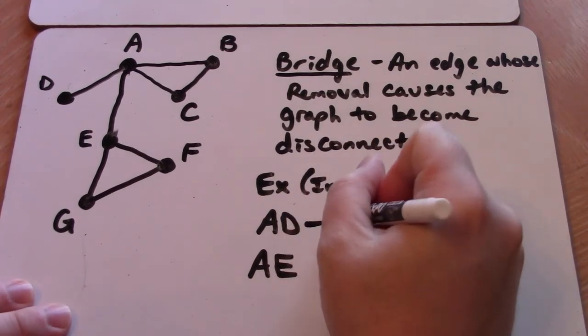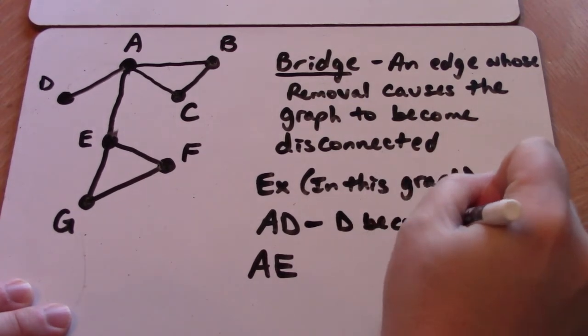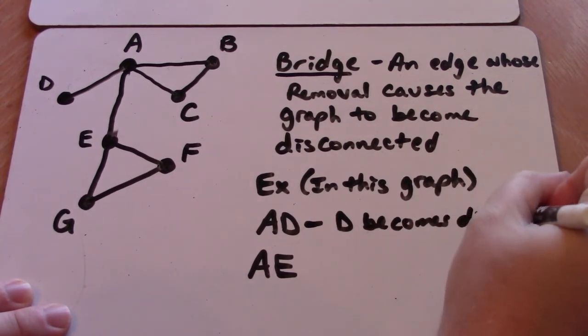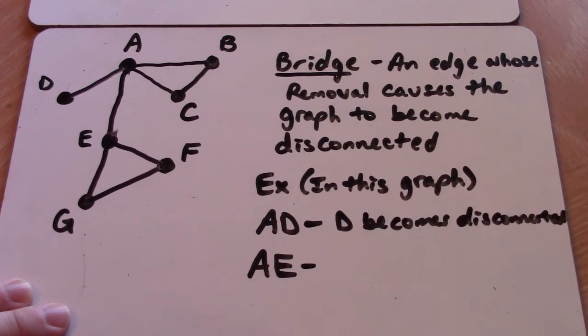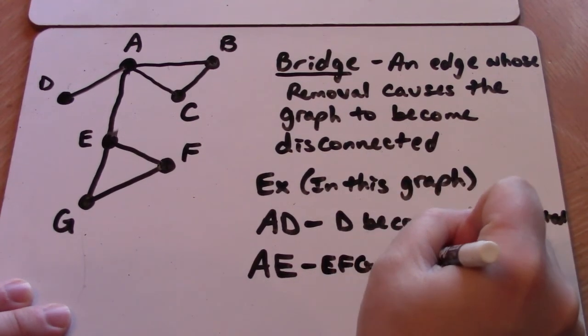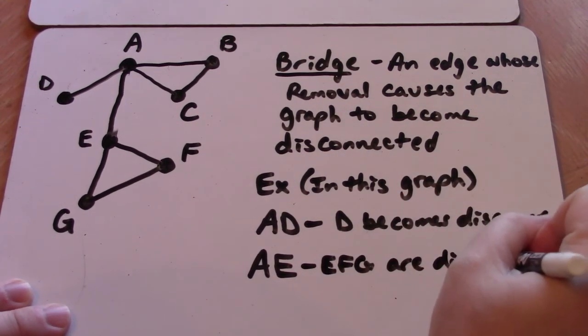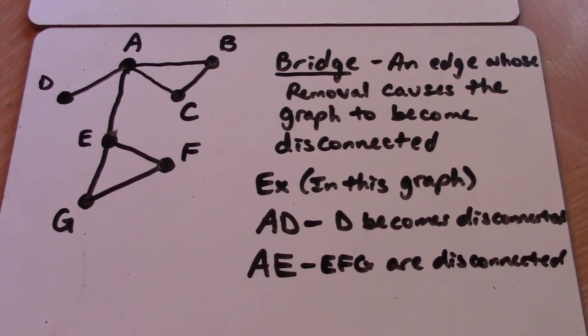So again, if AD is deleted, then D becomes disconnected. And if AE is deleted, E, F, and G are disconnected from the rest of the graph. That's how we know that those edges are bridges, because the graph is split into 2 components.